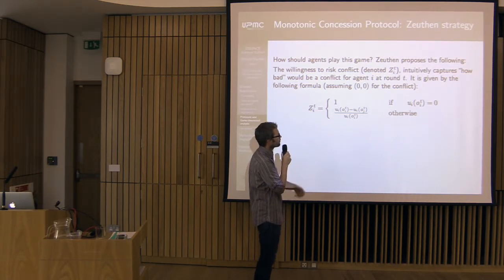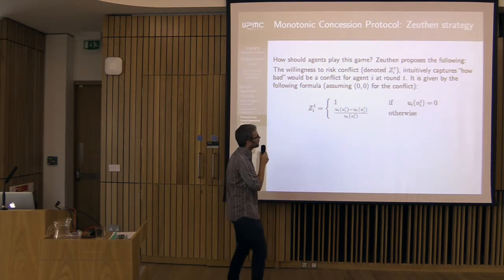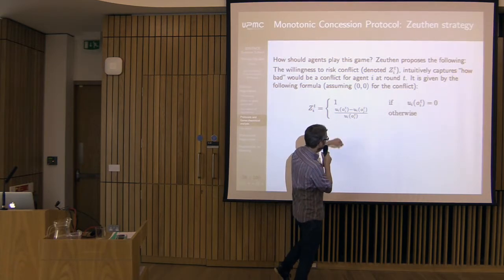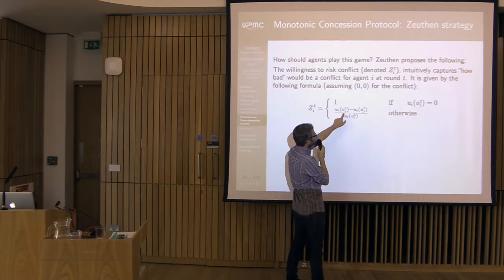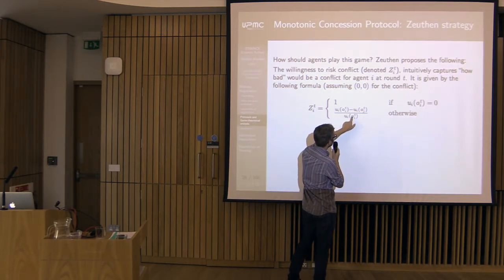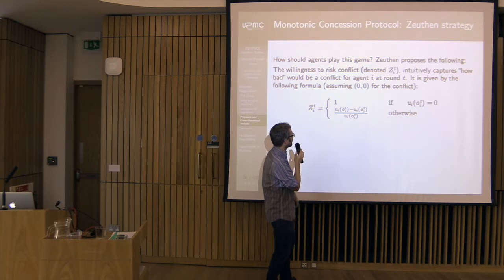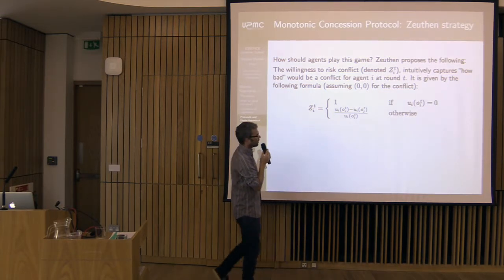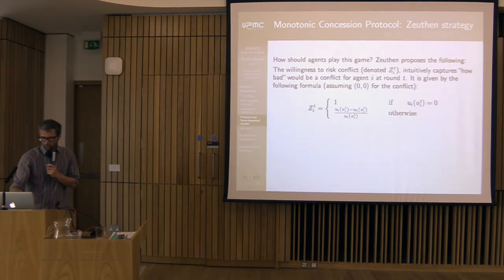How is it defined? It's the ratio of the utility given by my offer minus the utility of the other one's offer, over the utility of my offer. And it's 1 if my current offer's utility is 0, otherwise it's not well defined.